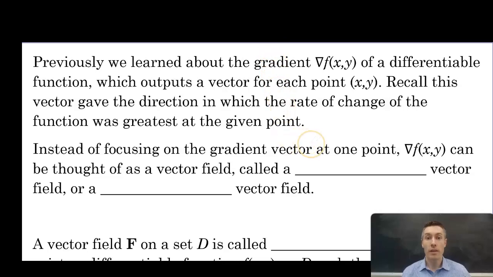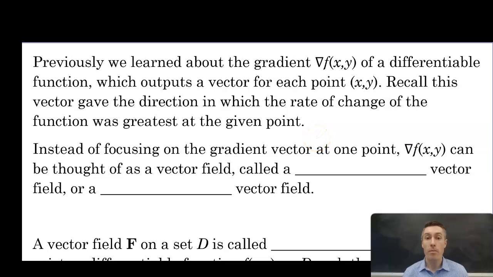Now, building on the idea of vector fields, we're actually going to go back to an idea we covered previously, which is the gradient of a differentiable function, which outputs a vector for each point x, y. If you remember, the gradient first came up when we were studying the directional derivative, and the gradient vector itself gave the direction in which the rate of change of the function was greatest at the given point.